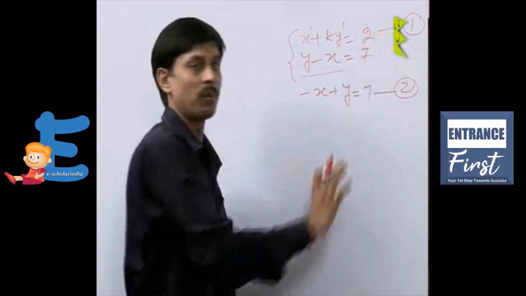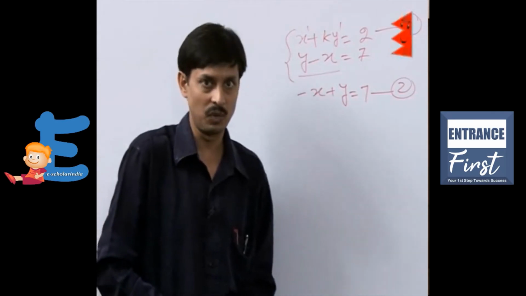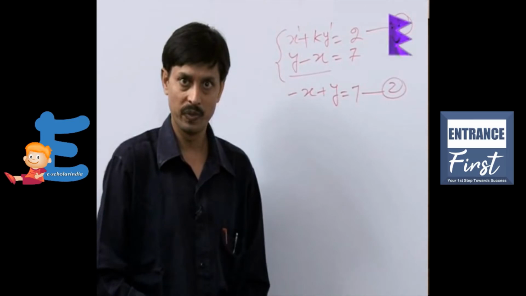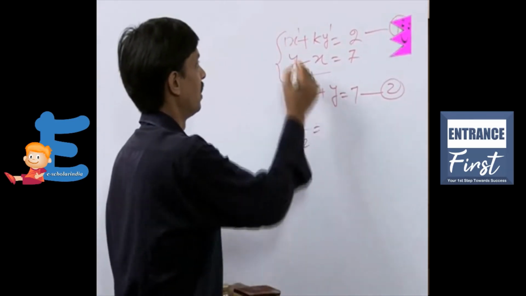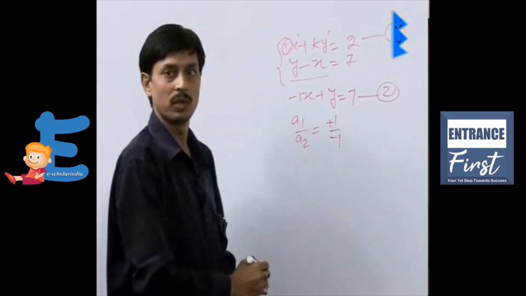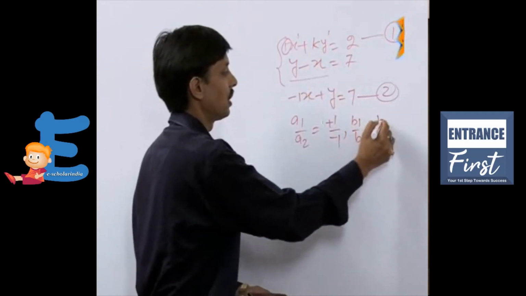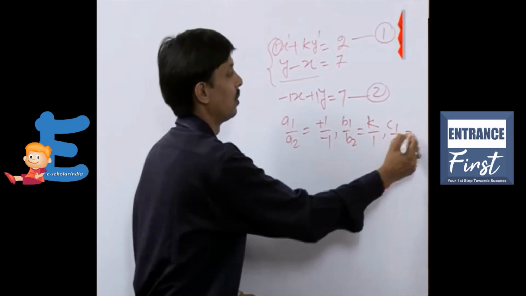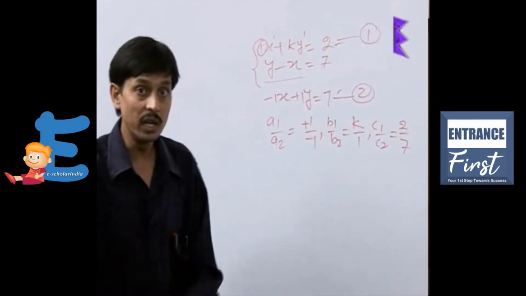This is the system of simultaneous linear equations, so it can be compared with a1x plus b1y plus c1 is equal to 0 and a2x plus b2y plus c2 is equal to 0. So a1 upon a2, this is 1, this is minus 1, so 1 upon minus 1. b1 upon b2, b1 is k and b2 is 1, and c1 upon c2 is 2 by 7. Which condition do we need to apply?